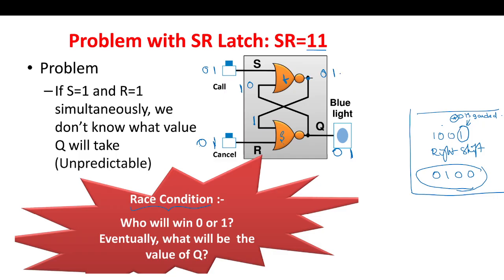So because of the race condition, its value is again 1 1 only. Previously we were not able to say what the value is, but whichever gate wins the race passes the race condition. So who will win, 0 or 1, eventually, and then what will be the value of Q?